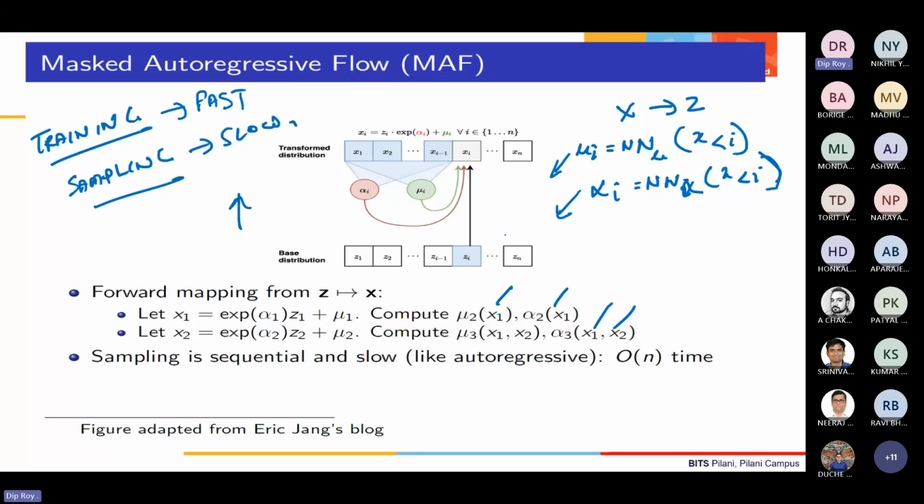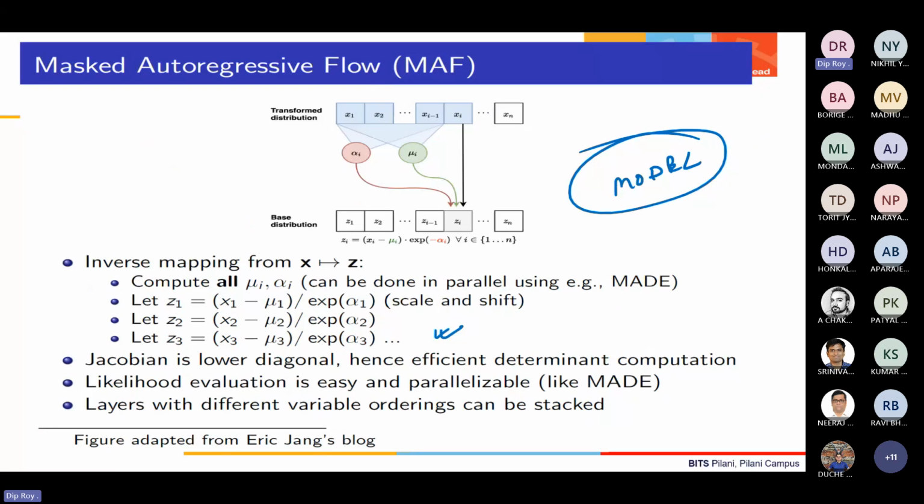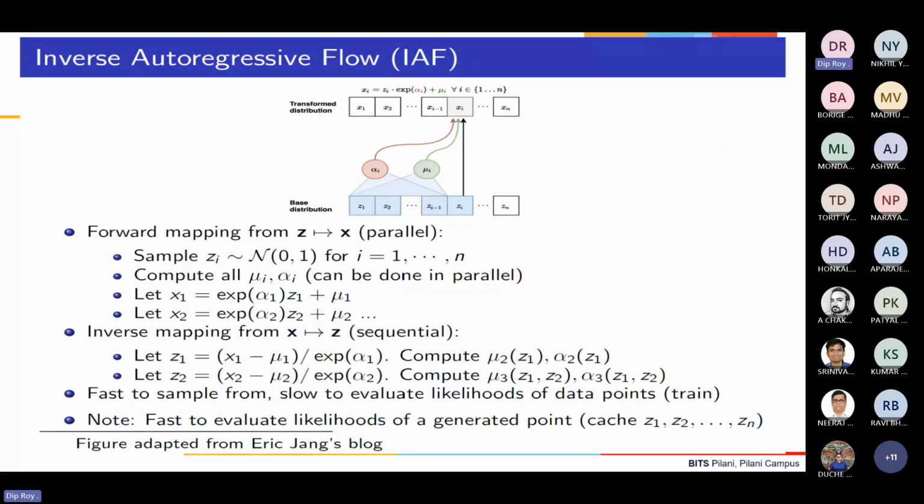So in this kind of masked autoregressive flow, we are modeling the inverse mapping, which is fast, and the forward mapping, which represents sampling, is slow. And if we just reverse the role of X and Z, we get something called the inverse autoregressive model.